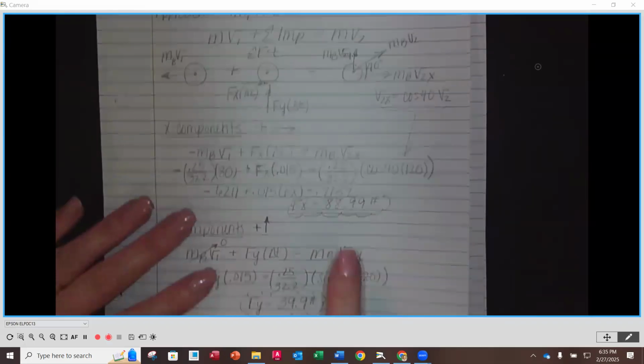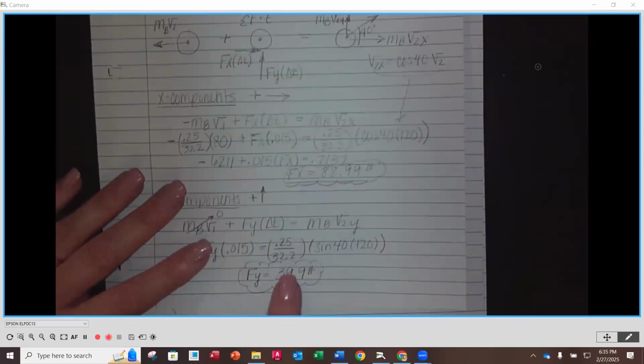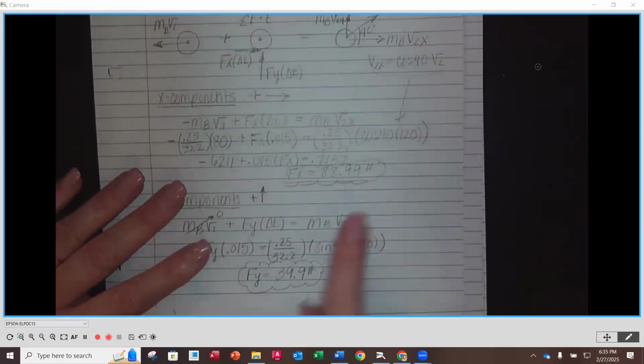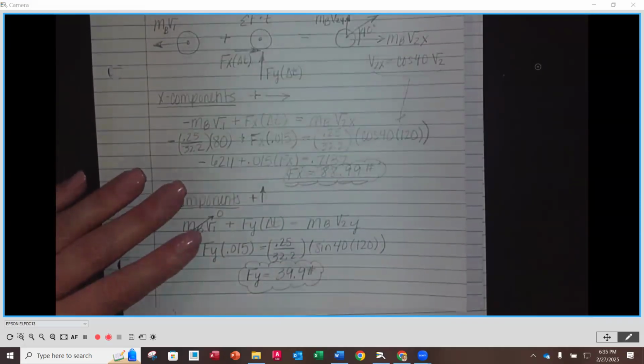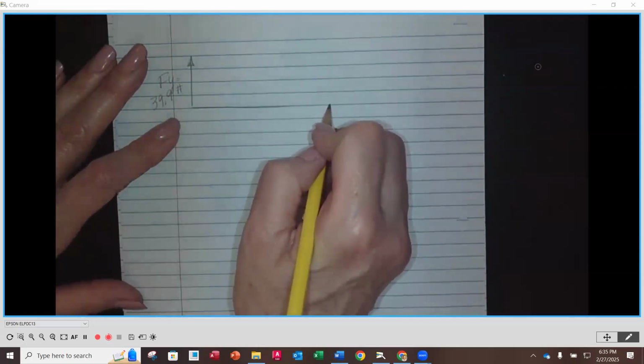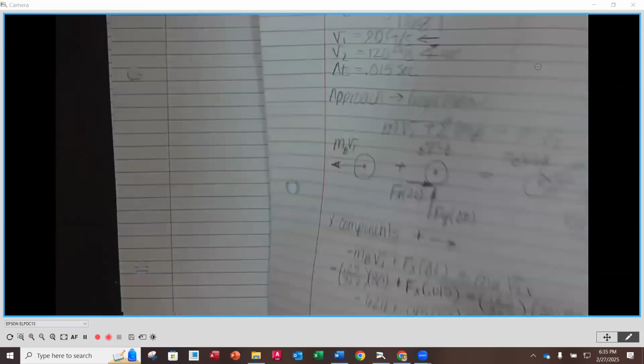Now I am going to draw a little diagram. You're going to notice that for each of these forces, they were positive values. So that means that our X is going to the right, and as we have a picture here, our Y is going to go up. So I'm going to have my Fy here, which was 39.9 pounds, and then a little bit more than double, this is going to be my Fx, which was 88.99.